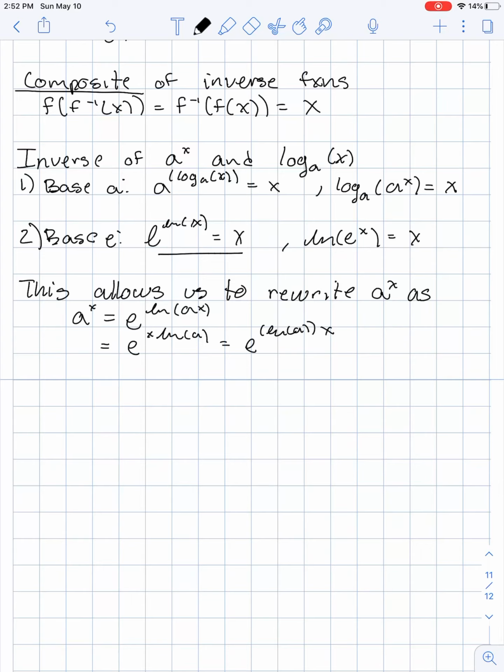This also yields what is called the change of base formula.